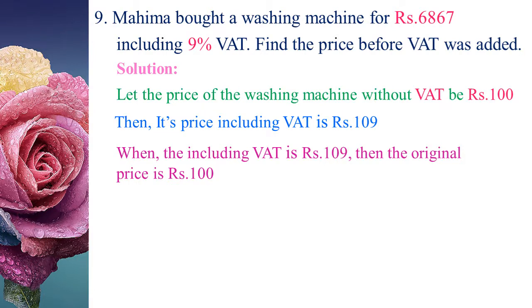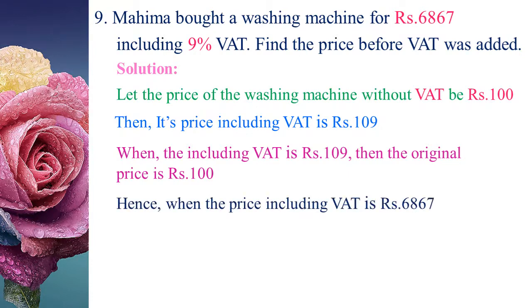When the price including VAT is rupees 109, then the original price is rupees 100. Hence, when the price including VAT is rupees 6,867, the original price is 100 by 109 into 6,867.